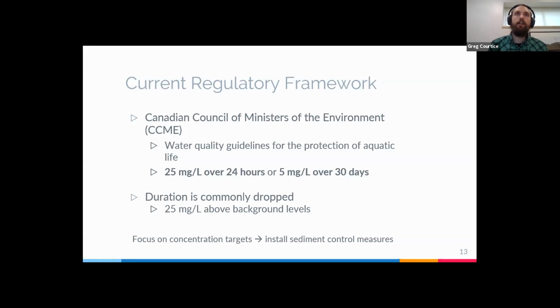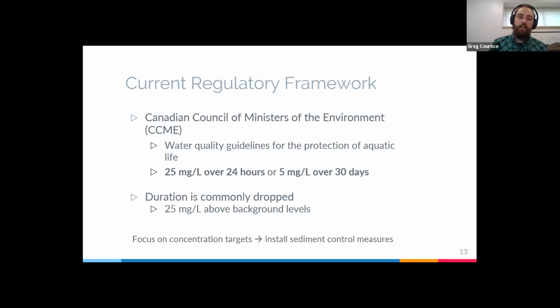So currently, we rely on the Canadian Council of Ministers of the Environment water quality guidelines for the protection of aquatic life. So that's generally what regulatory frameworks lean on. They suggest 25 milligrams per liter over 24 hours, or 5 milligrams per liter over 30 days. So a short-term and a long-term guideline.